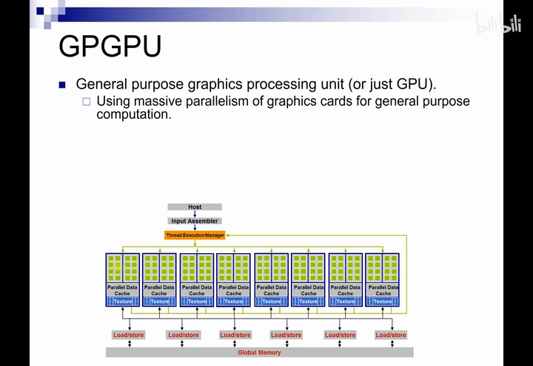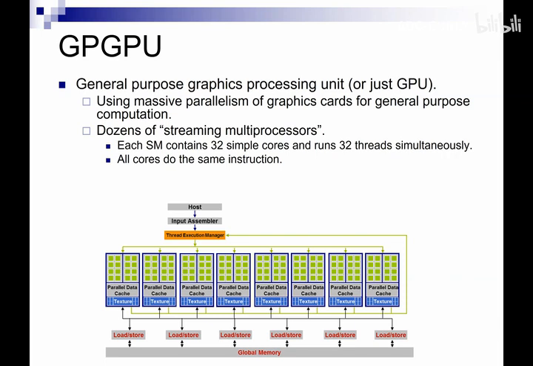In this diagram below, every one of these green squares represents a core. Even though we have thousands of cores, we're going to package these cores together. We're going to combine some of these cores into what's called a streaming multiprocessor. For example, we could combine 32 of these cores into a streaming multiprocessor.